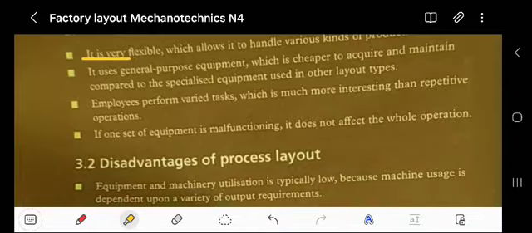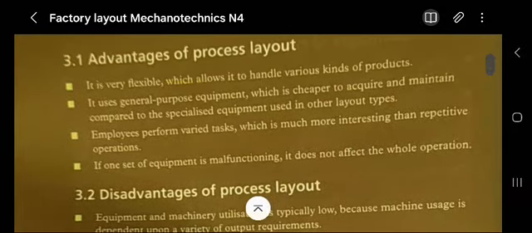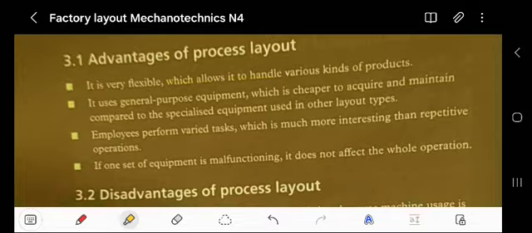It is very flexible, which allows it to handle various kinds of products. It's flexible because we use general purpose equipment, which is cheaper to acquire and maintain, compared to the specialized equipment used in other layout types.